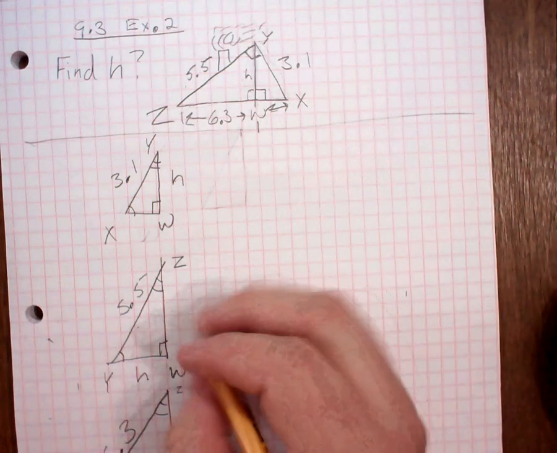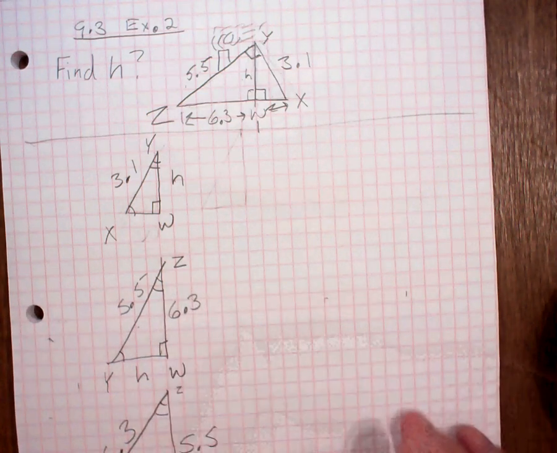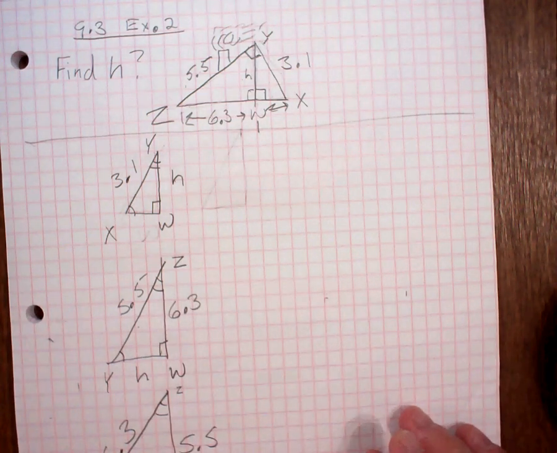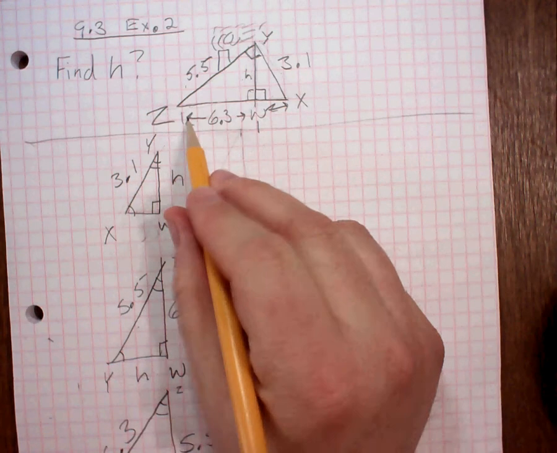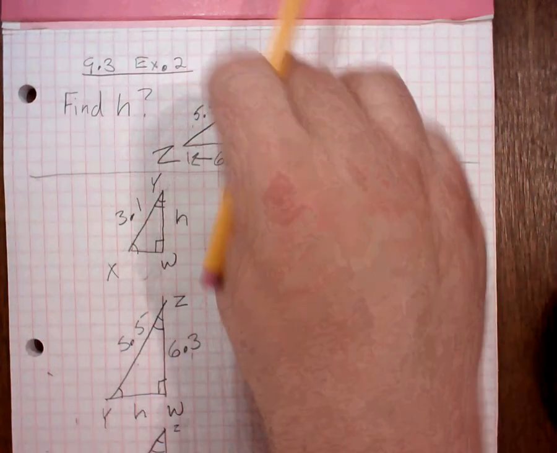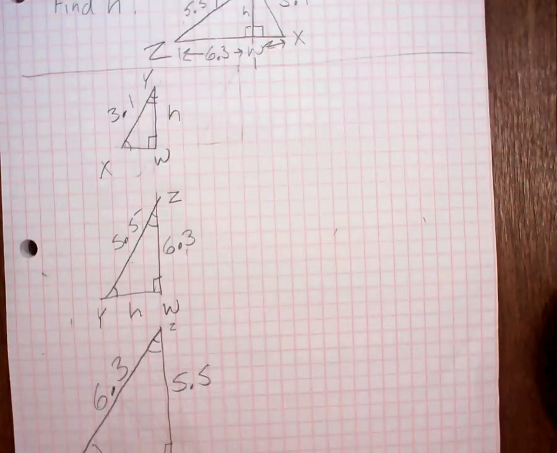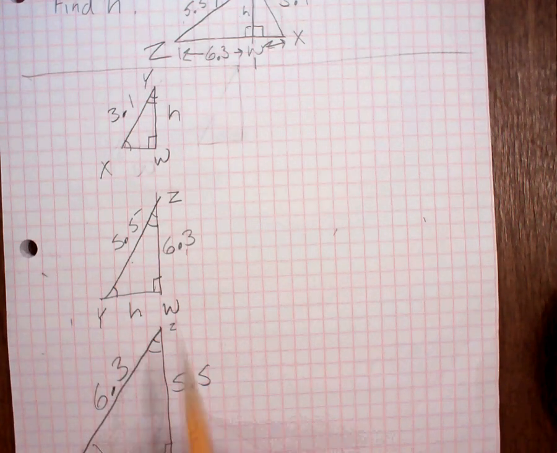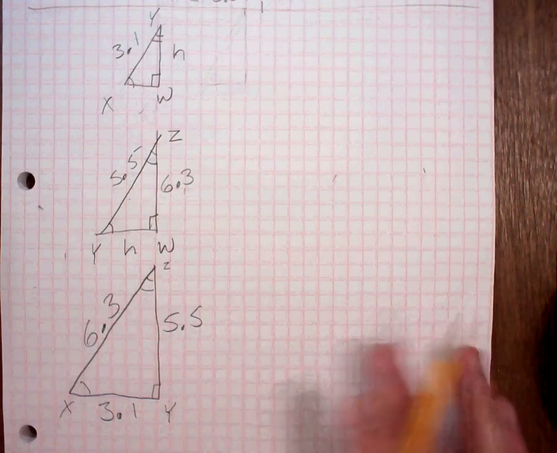They don't list it in the textbook, but that's okay. Because from here to here is 6.3. And then the great big triangle is this triangle up here, just kind of spun around, the great big triangle Y, X, Z. Okay? So now all three of these triangles are similar.